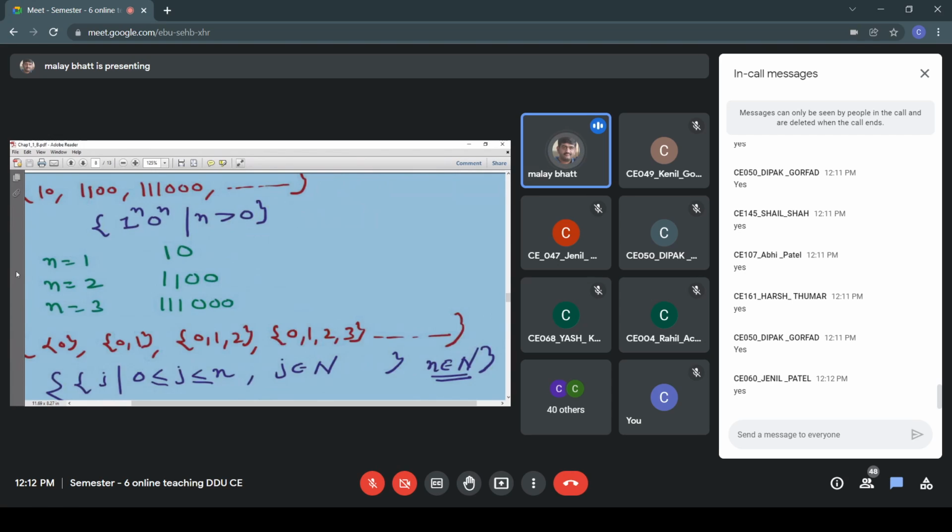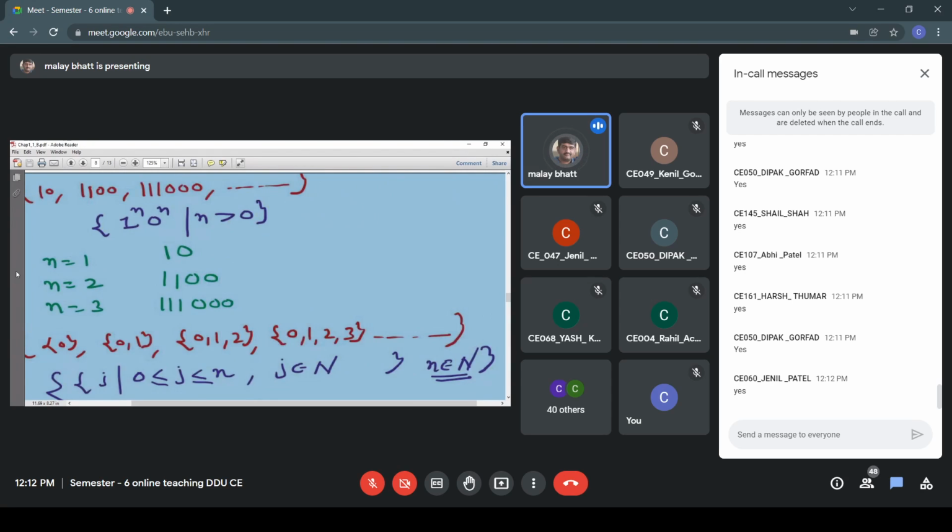Now, what does n depend on? Small n depends on the outer set position. When I take n belonging to N, the set of whole numbers, the first element will be 0 only. As I told previously, here N represents the set of whole numbers. So when I take n equal to 0, we have only one element in the first position.